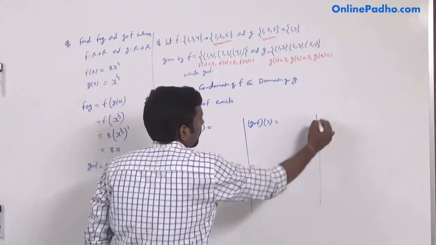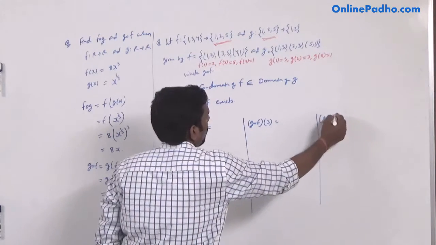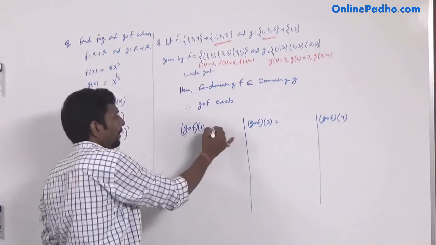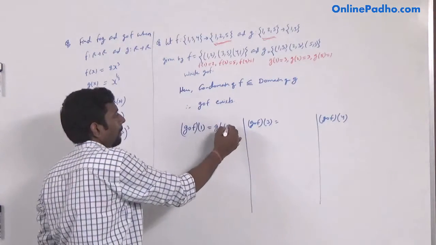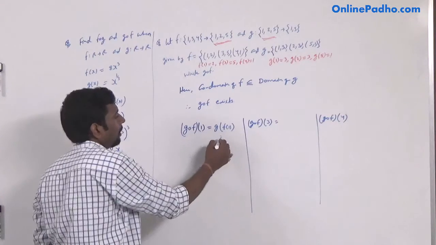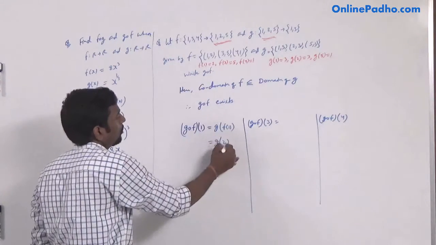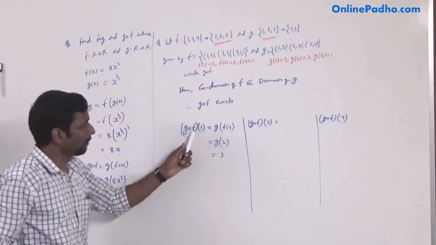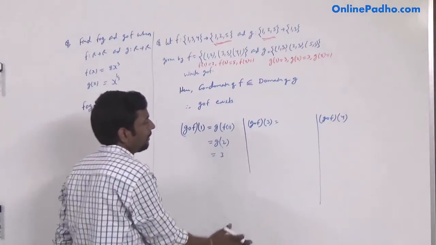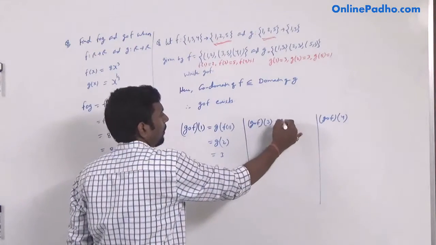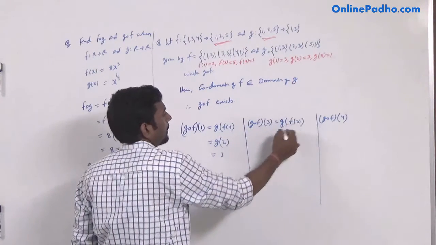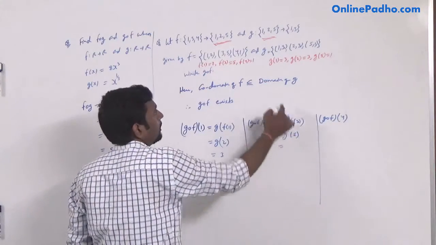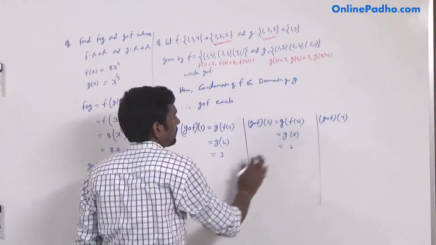GOF1 can be written as g of f1. What is f1? 2. And g2 is 3. So GOF1 is 3. Then GOF3 is g of f3. f3 is 5, and g of 5 is 1.